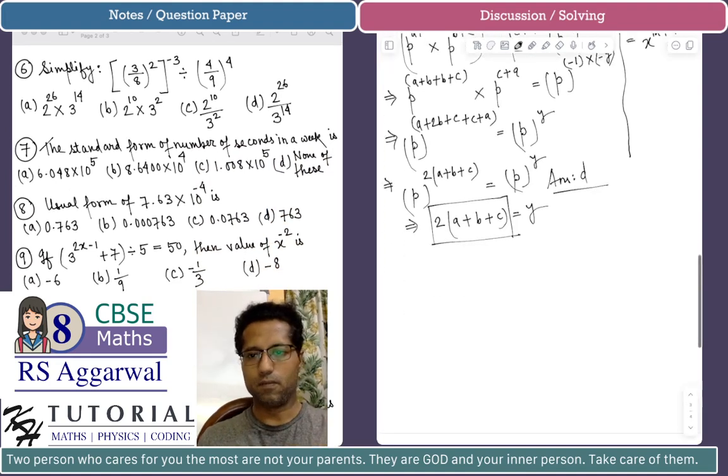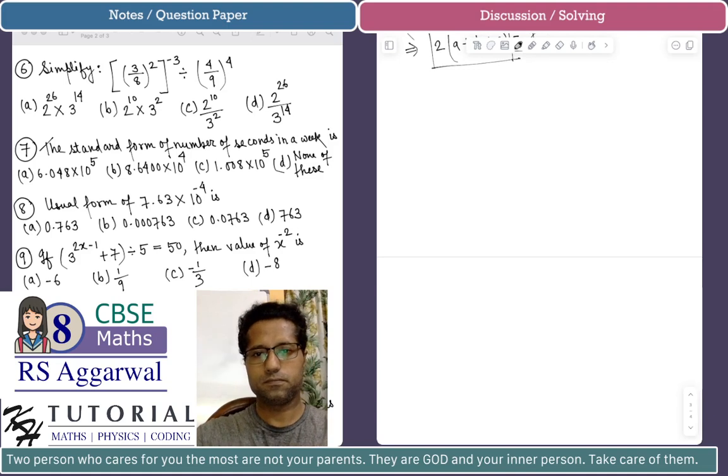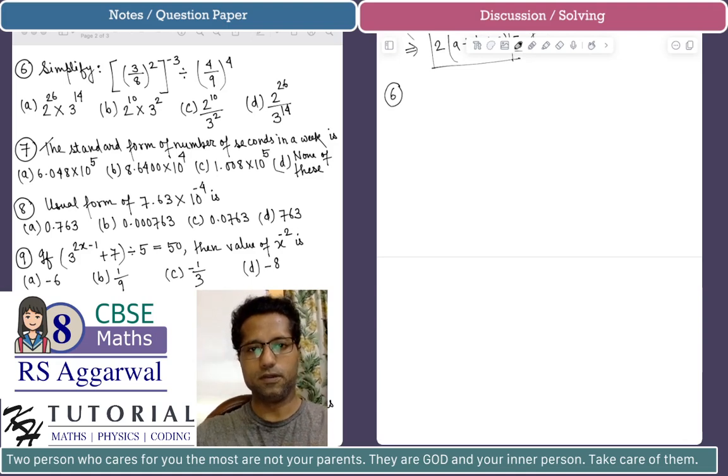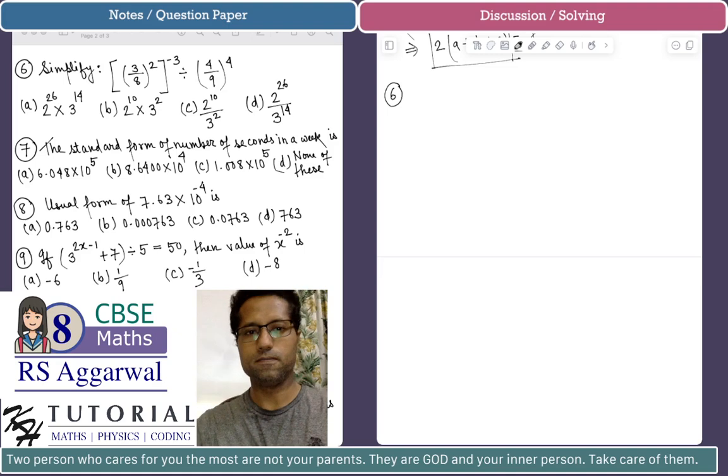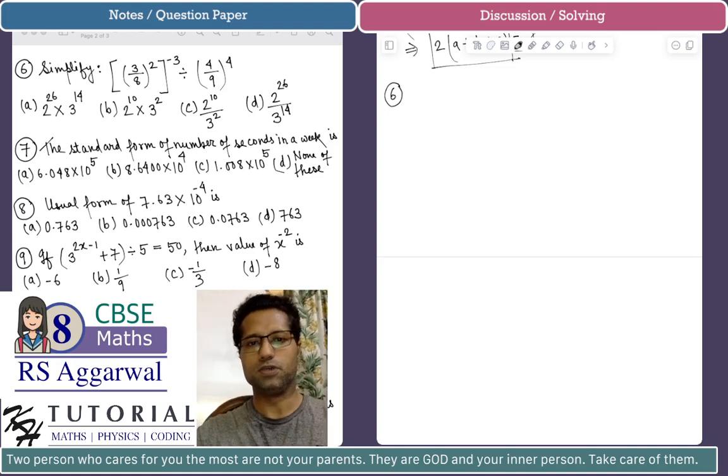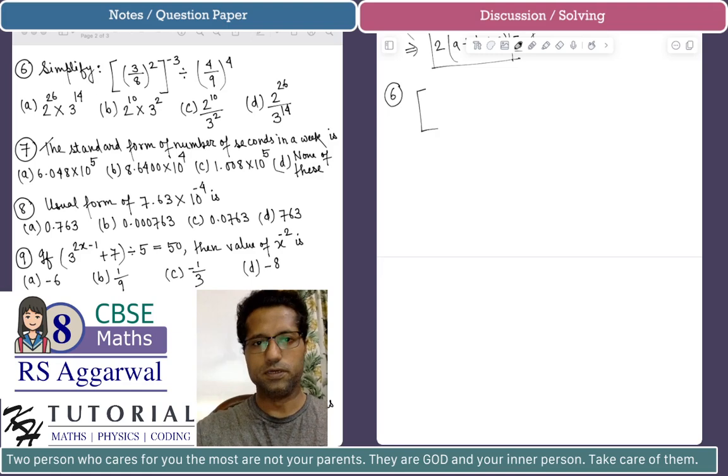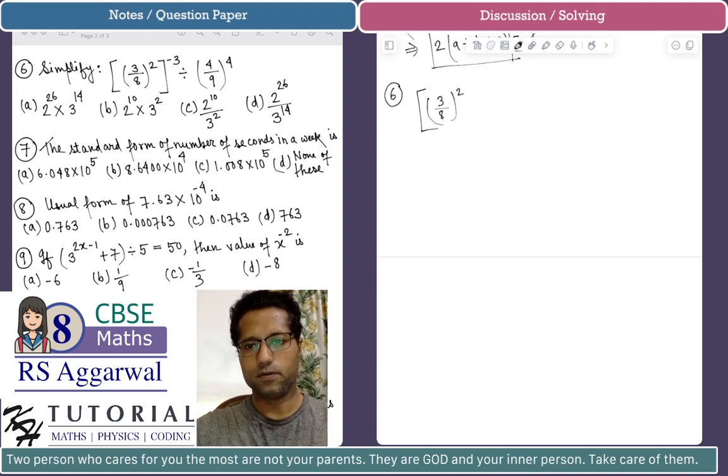Okay, let's do problem number 6. We have to simplify. It's a division of two terms where each term is in exponential form. The dividend is 3 by 8 raised to the power 2, and this whole raised to the power minus 3, divided by the divisor, 4 by 9 raised to the power 4.